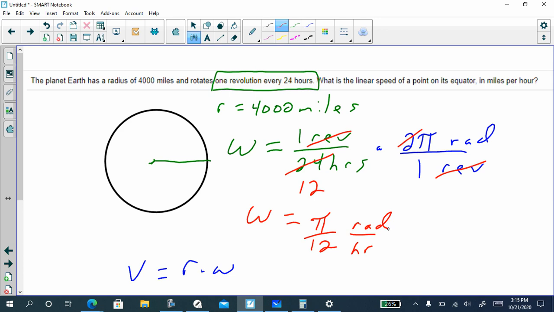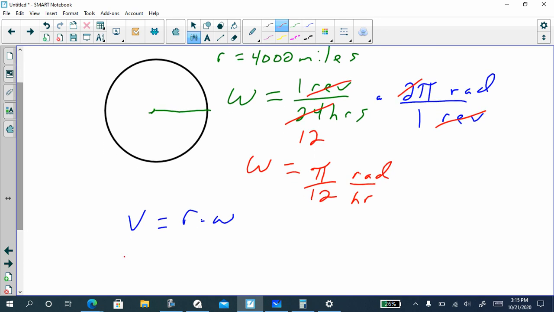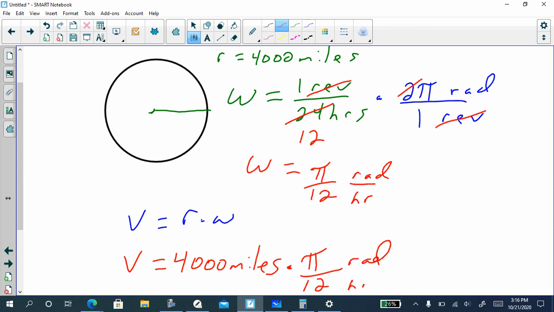So we can get velocity. We take our radius, 4,000 miles. We multiply it times omega, which is pi radians over 12 hours.